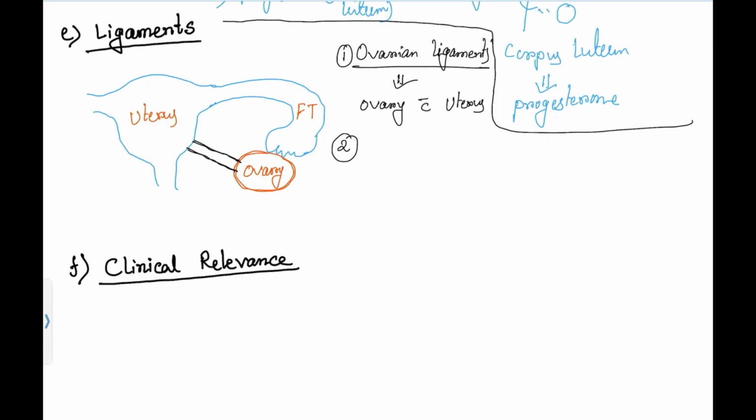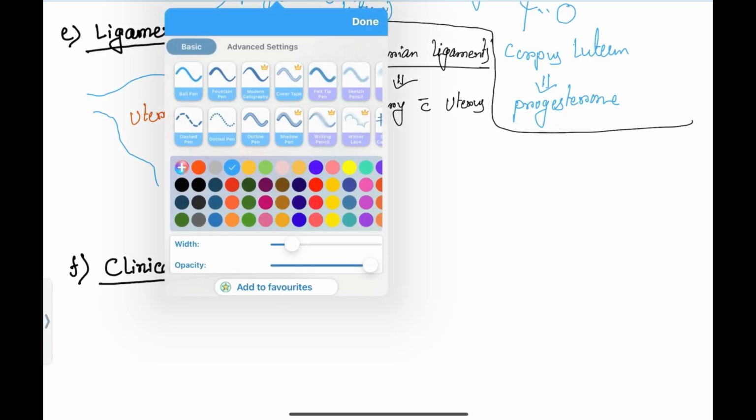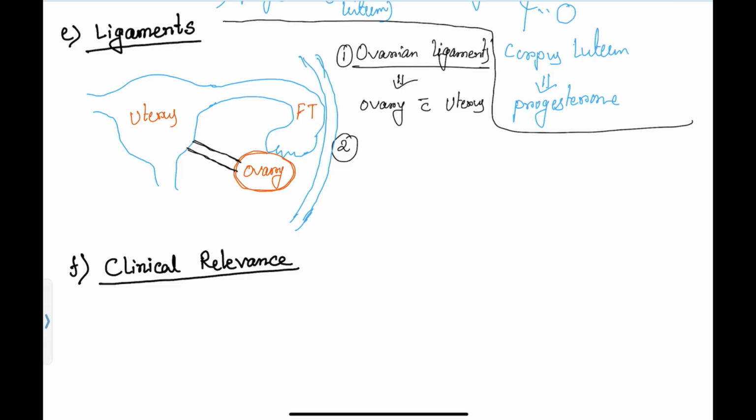Now coming to your second ligament. If we say this is the pelvic floor, the lateral pelvic wall, then from this side also the ovary needs support. So the ovary is connected with the lateral pelvic wall through the suspensory ligament, or you can say the infundibulopelvic ligament.